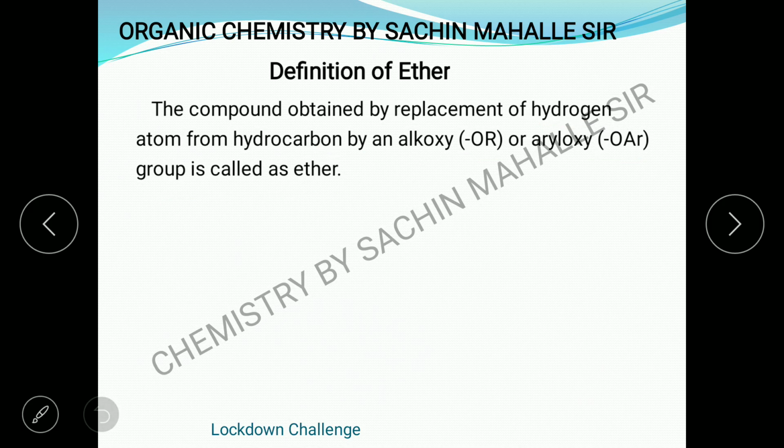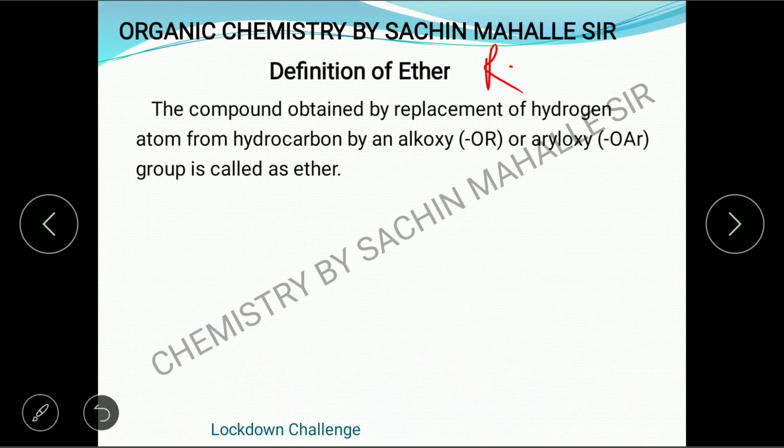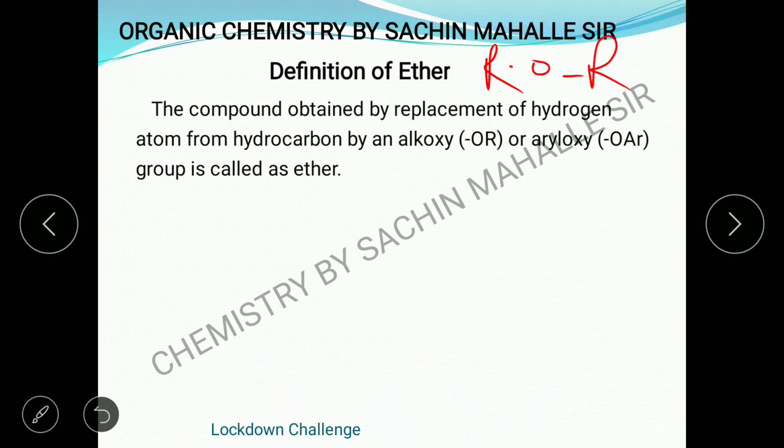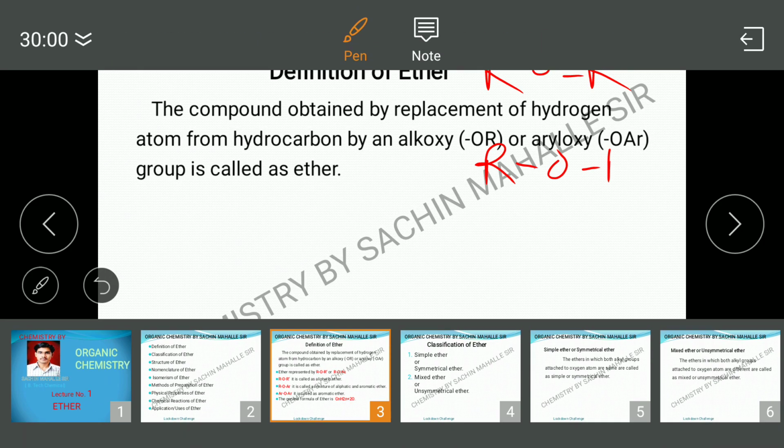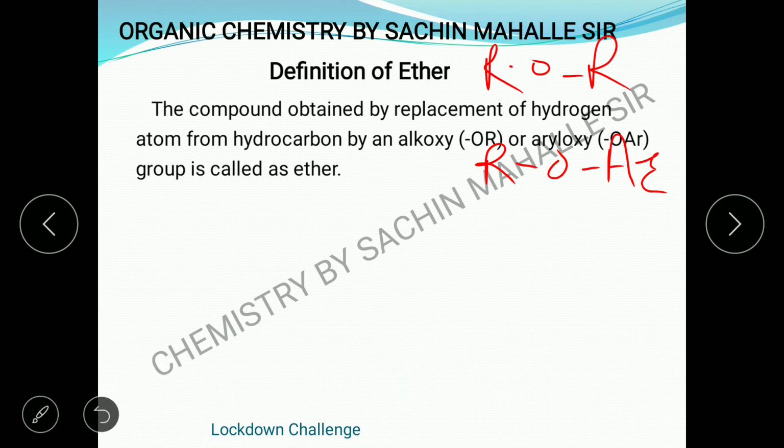The general representation of ether is ROR or ROAR. Ether is represented by ROR or ROAR.